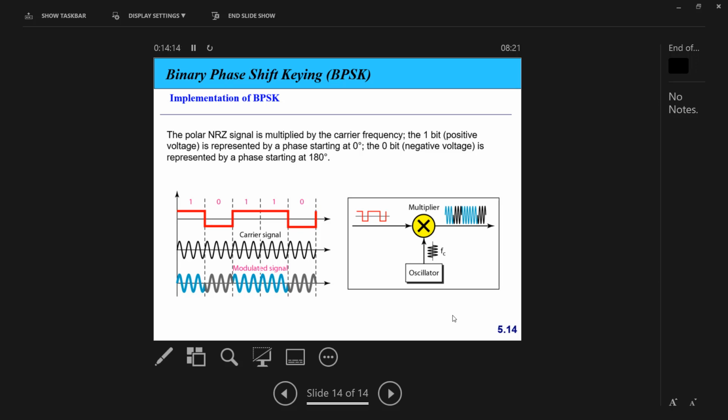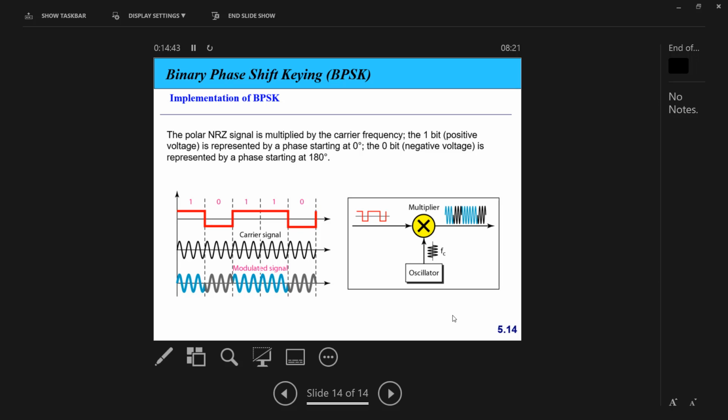To decode the amplitude key is very simple. But in phase you will need more complex hardware and a more complex receiver to encode and decode this modulation. So the main disadvantage is complexity. Yes, it's complexity. Okay.